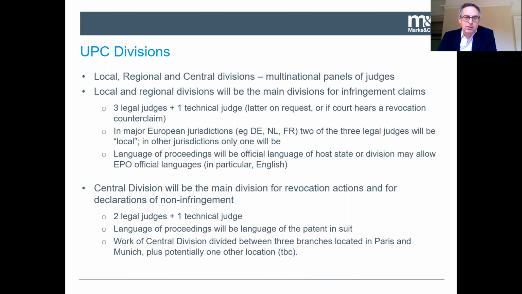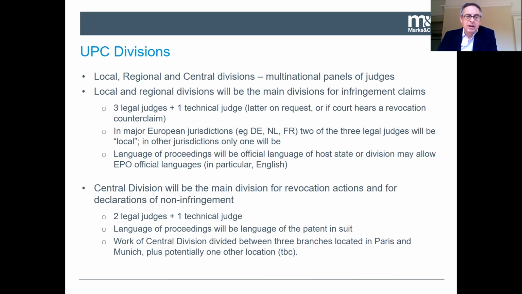The work of the central division is divided between 3 branches. That was what was originally provided, but without London, we don't quite know what's going to happen. It could be that another country is going to be hosting a branch of the central division. For example, Italy has been put forward as a possibility, also the Netherlands.